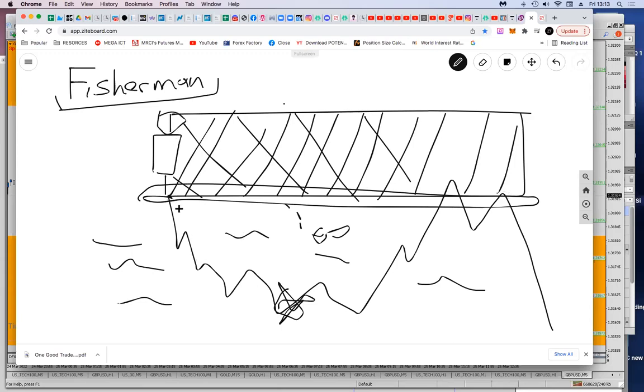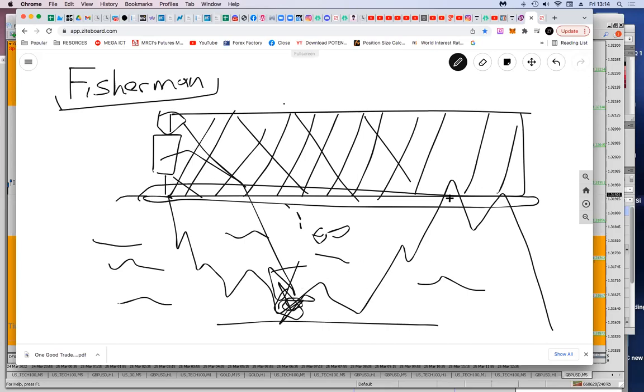If the price was down here and you imagine the price to be a fish, you wouldn't jump in as the fisherman and go and grab it from the bottom of the ocean or the bottom of the river to try and catch that fish, because what will you do? You'll drown.